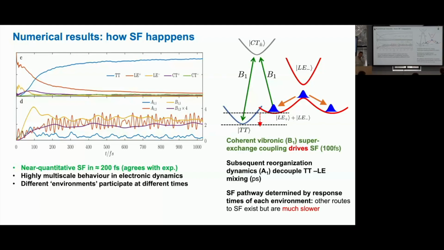There are many examples where this occurs, for example in proteins, which have dynamical ranges going from femtoseconds to milliseconds, and they're capable of performing extremely advanced transformations of excited states and excitations.